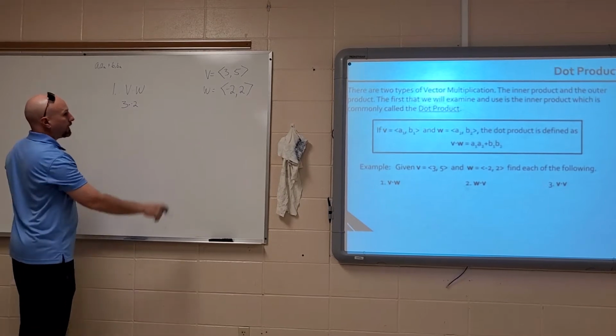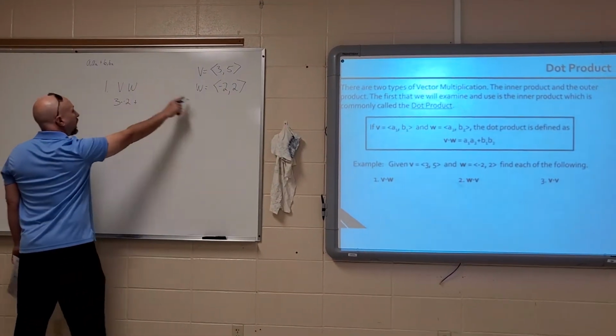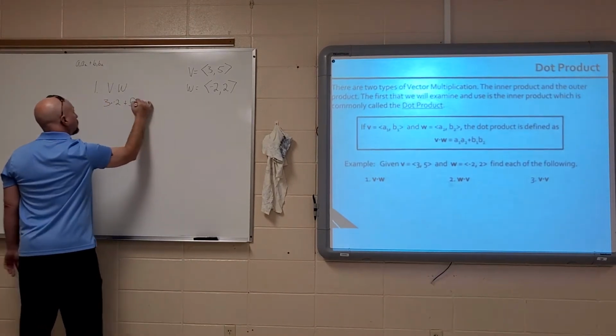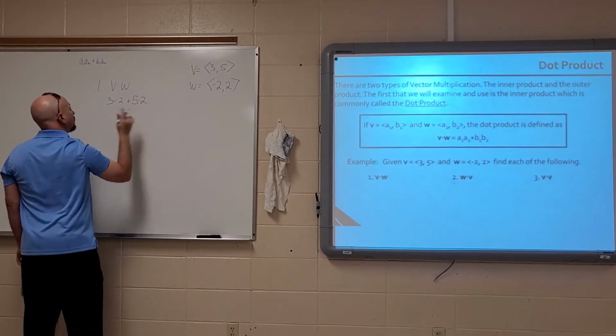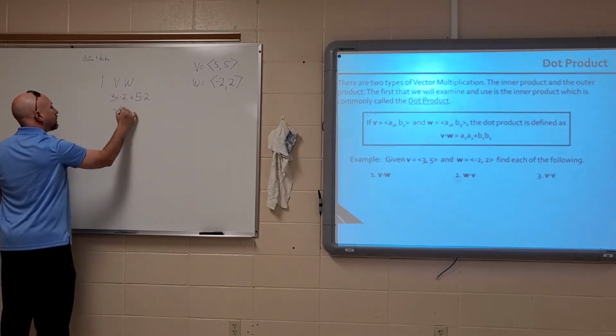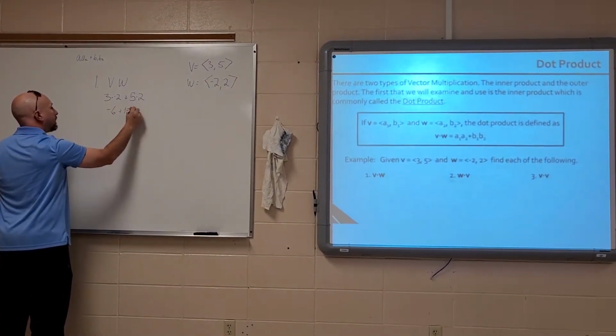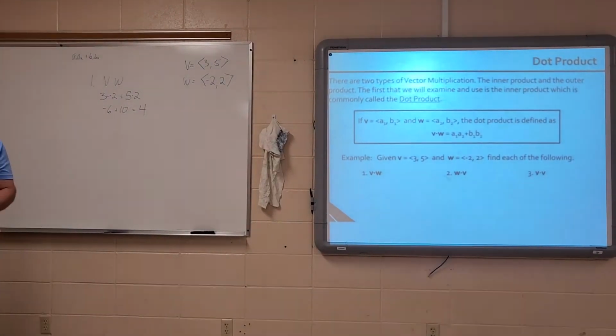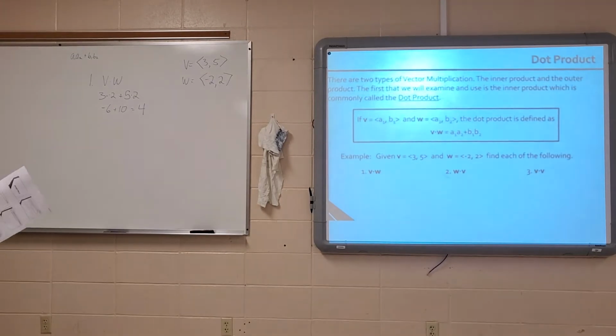And then plus B1, which is 5, and B2, which is 2. So 3 times negative 2 is negative 6. 5 times 2 is 10. Negative 6 and 10 is 4. So the dot product is 4.